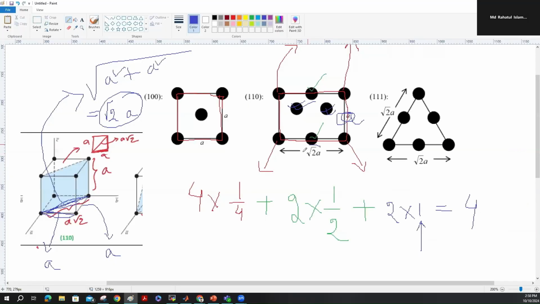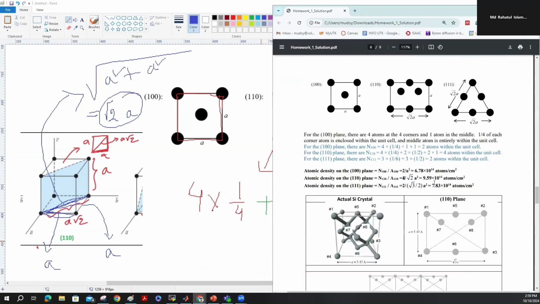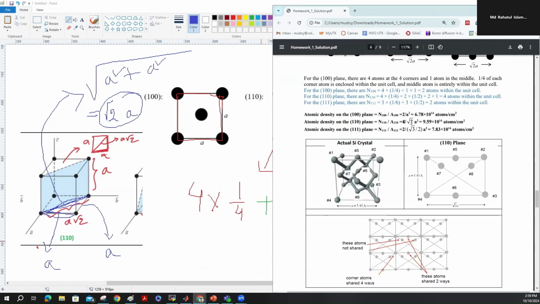This root 2A is one side of the rectangle and the other side of the rectangle is A. If you multiply these two, you will get the area. So that's how you get root 2 A square.